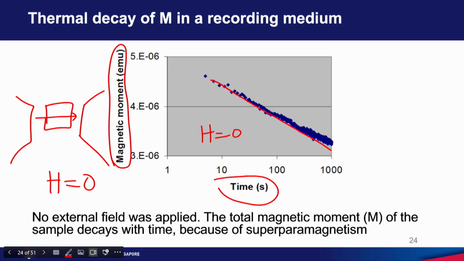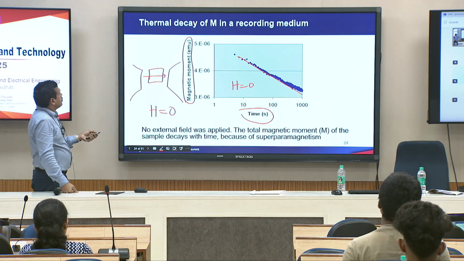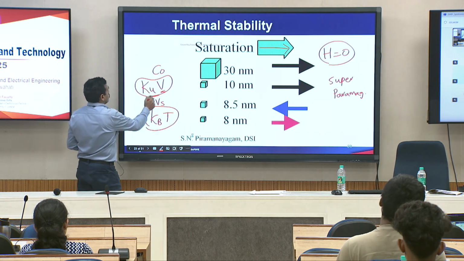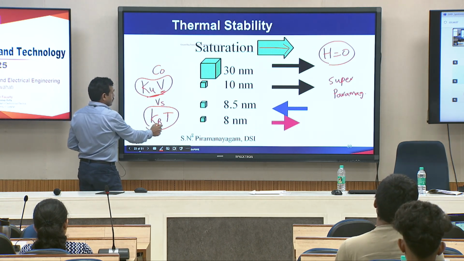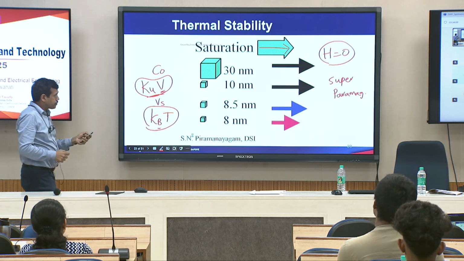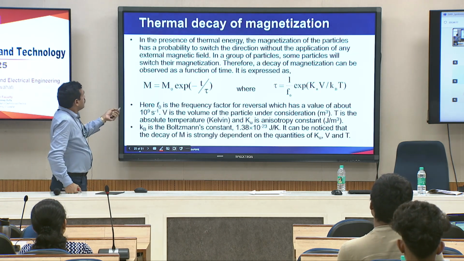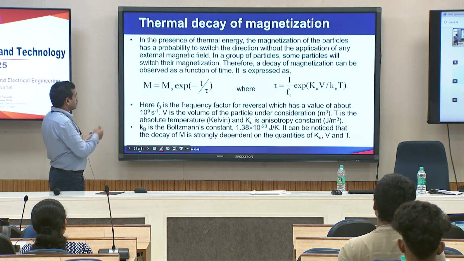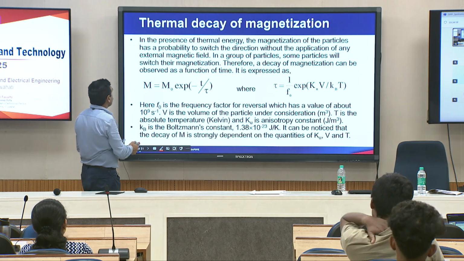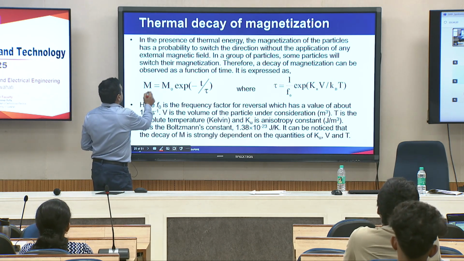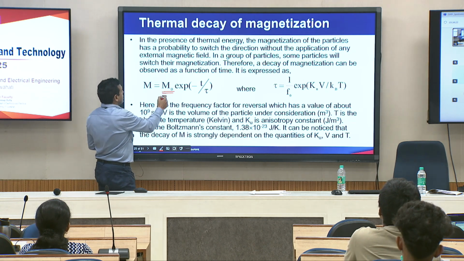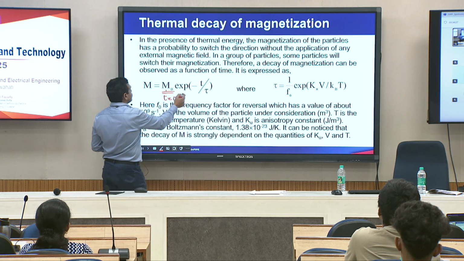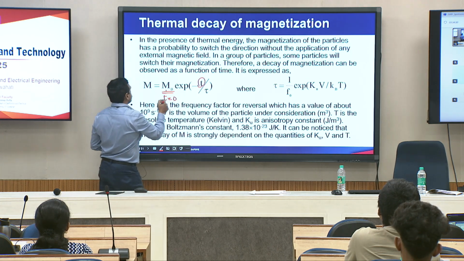Okay, so this decrease of magnetic moment is because of the competition between anisotropy energy and thermal energy. So, this was explained by Neel many years ago. So, it is called Neel-Arrhenius decay, where if M0 is the magnetization at time t equal to 0, this magnetization will decrease as a function of time.